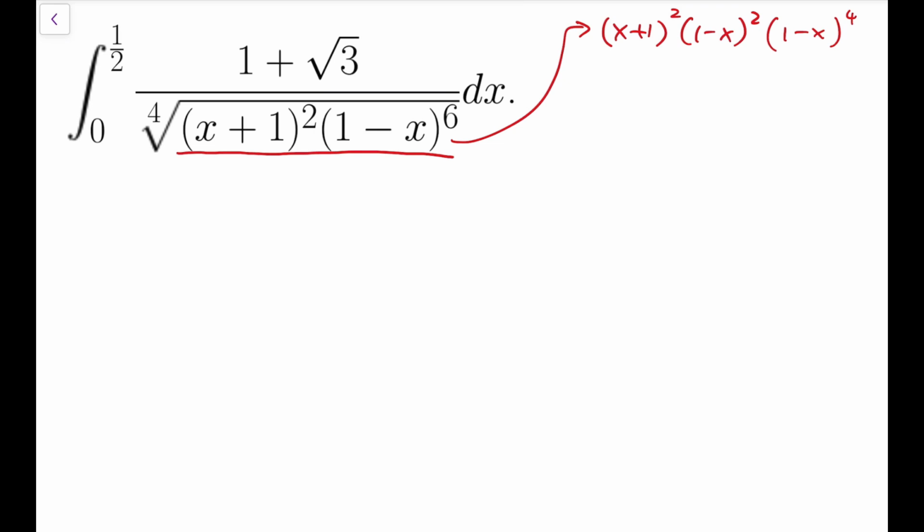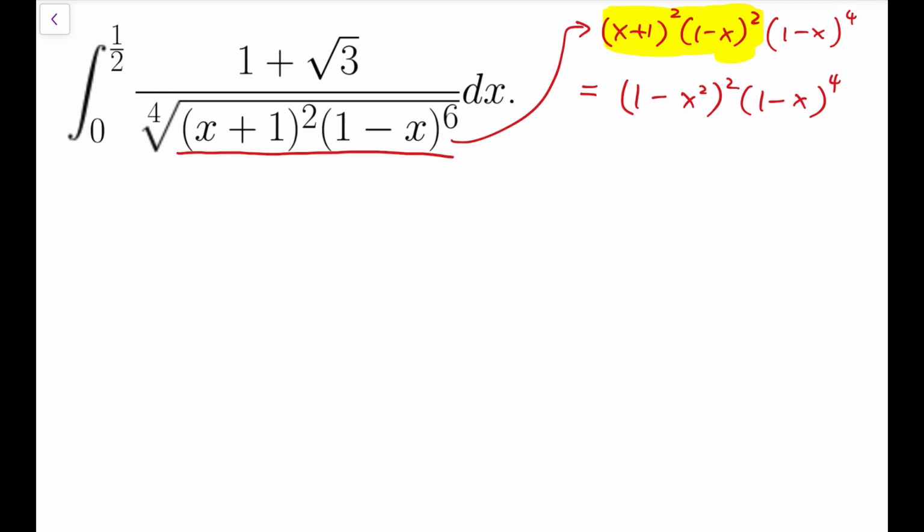In other words, I'm just splitting the 6 powers into squares times to the power 4. Then, making use of the identity of the difference of squares, I can combine these two terms. And so we get (1 minus x squared) all squared times (1 minus x) to the power 4.